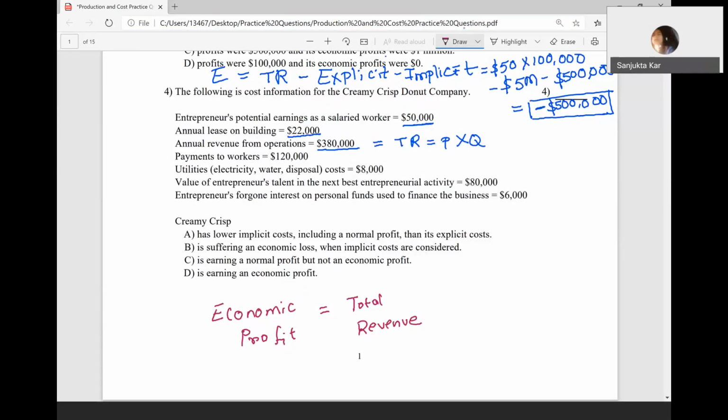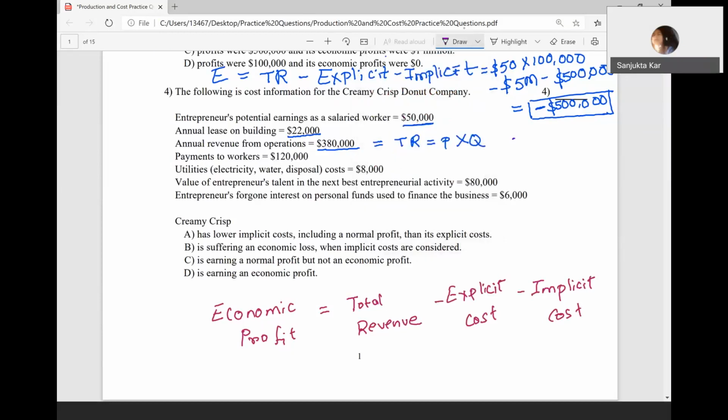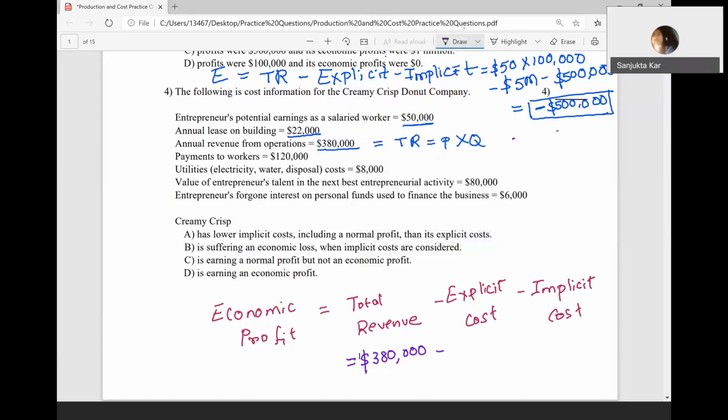From that we subtract the explicit cost of production as well as the implicit cost of production. So in this example, the total revenue is equal to 380,000. Now, what is my explicit cost of production? And what is my implicit cost of production?